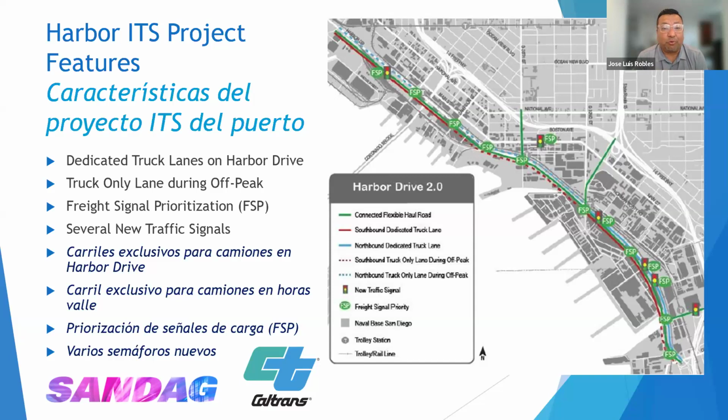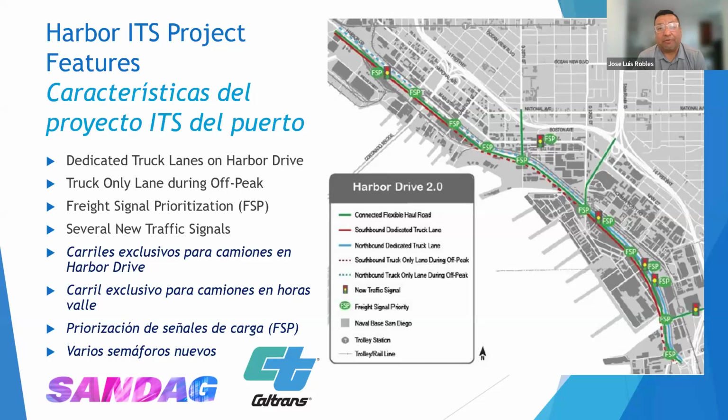We're going to provide some support for the civil transportation engineering component, and they're going to take care of the ITS improvements. And they're also going to be the lead agency for any right-of-way or utility relocation that occurs as a result of the improvements.